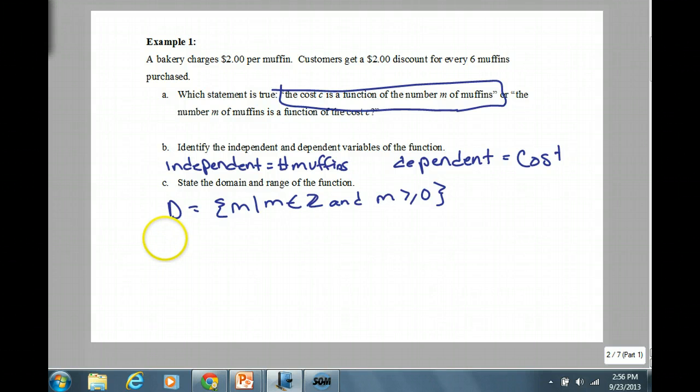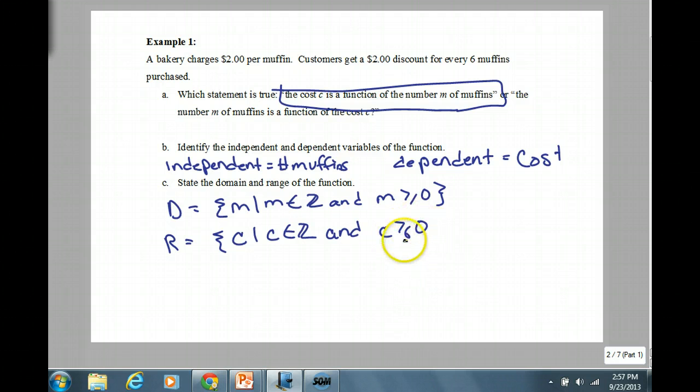Okay? Range, we're going to be talking about the cost, because that's the dependent variable. C such that C is also a member or an element of integers. Okay? C is an element of integers, because we don't have any decimal points or anything like that, because it costs $2 per muffin. We don't have any cents in there. And C is greater than or equal to 0.